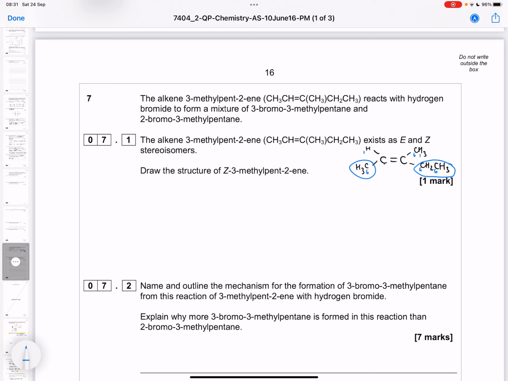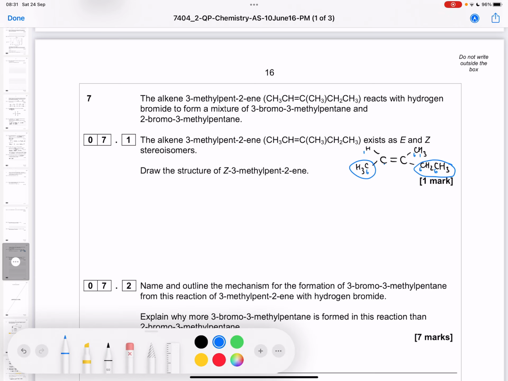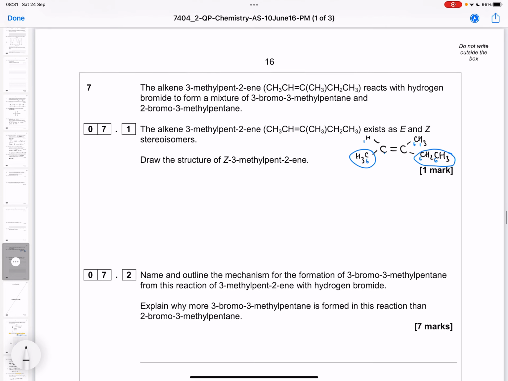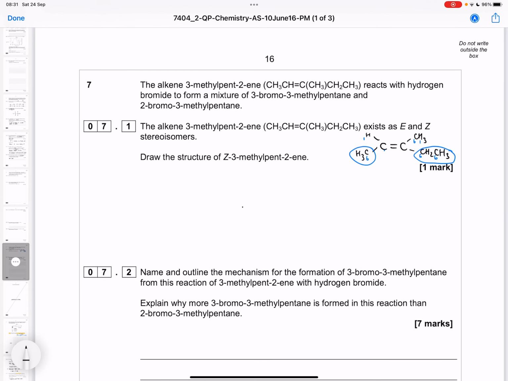Now you can see that I've got my two highest priority groups on the same side. If they're on the same side, that is Z. We're going to say this is the Z isomer, so I'm just going to draw that out a tiny bit neater and then cross through my working for the exam board. So I want my double bond nice and clear with my 4 groups, trigonal planar.